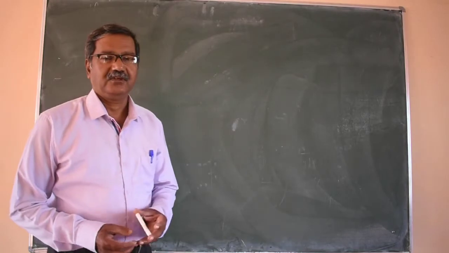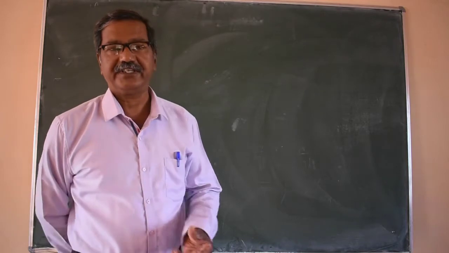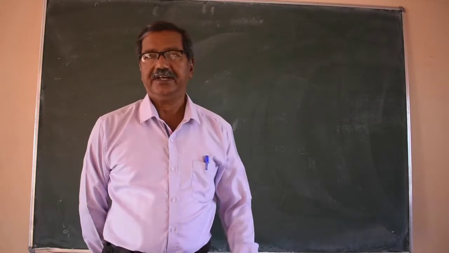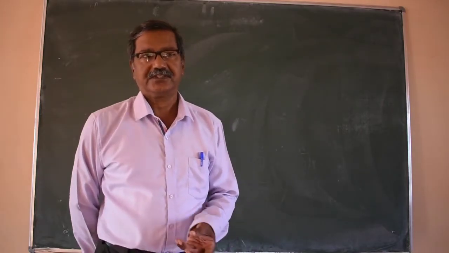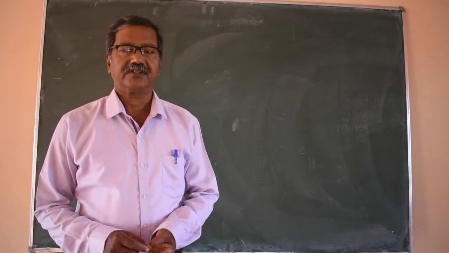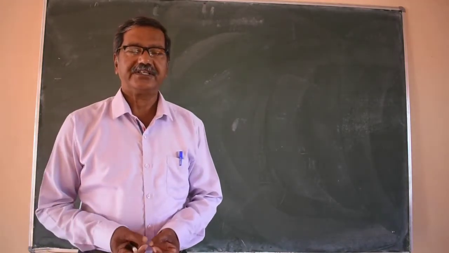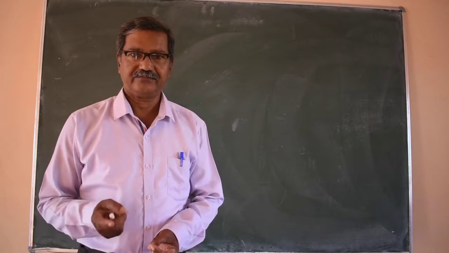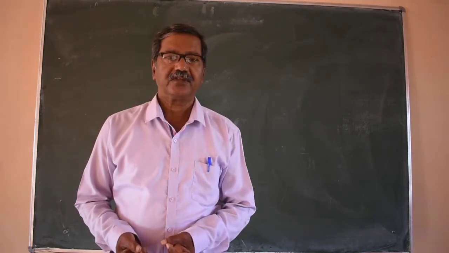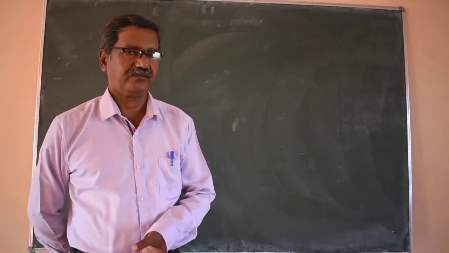Students, in the previous class we studied oxidation of alcohols and dehydration of alcohols. We studied oxidation of primary alcohol using PCC, then oxidation using MnO4, oxidation of secondary alcohol using CrO3, and oxidation of tertiary alcohol using alkaline KMnO4.